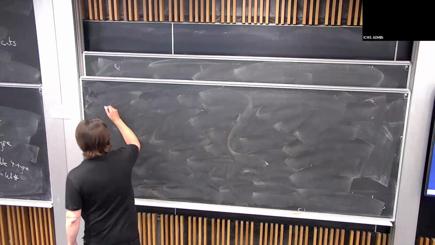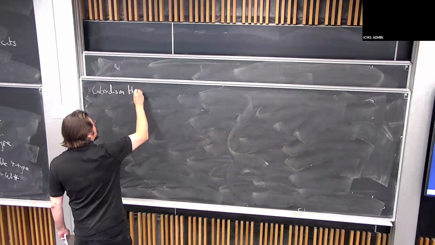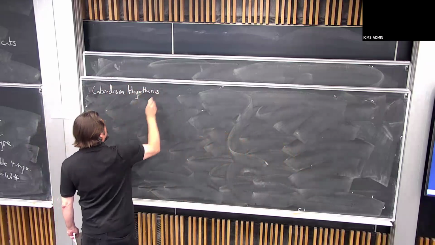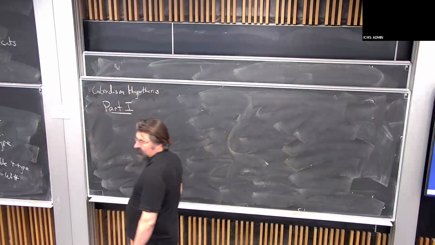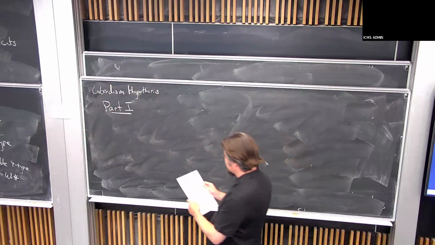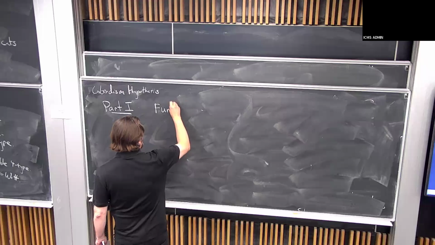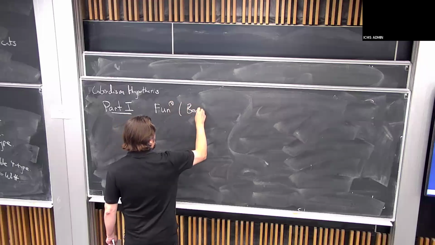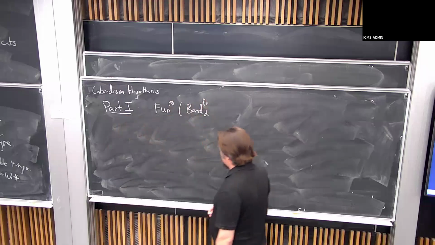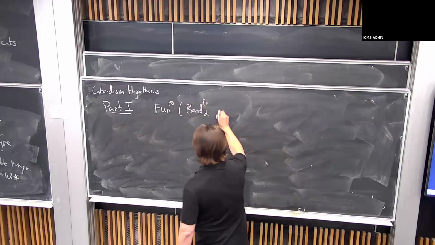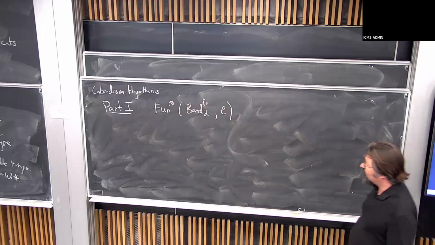So the cobordism hypothesis has really two parts. Part one: extended framed TFTs, so symmetric monoidal functors from the bordism d-category, where all your manifolds are tangentially framed, into any target. This is some symmetric monoidal d-category, that's your target.